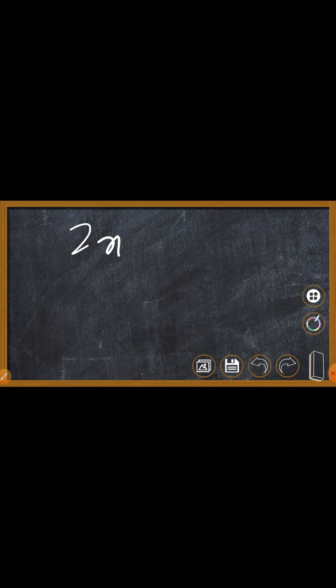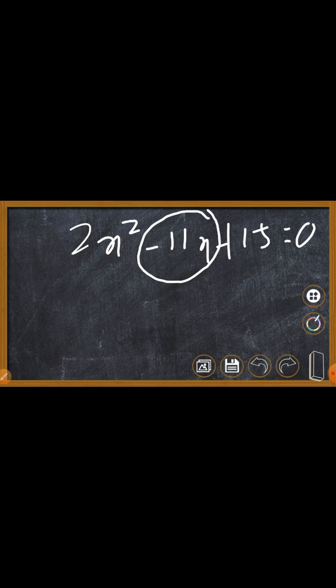Whenever you have this, you are supposed to break this 11x by prime factorizing.